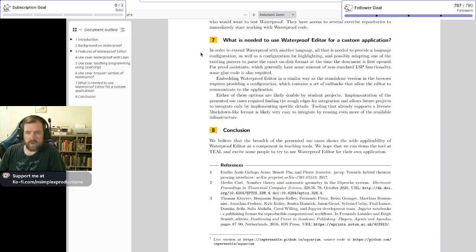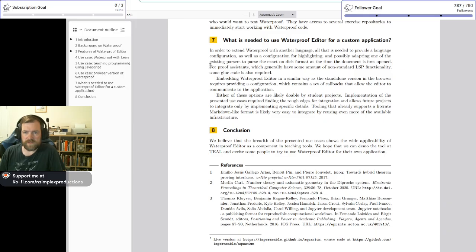In order to extend Waterproof with another language, all that's needed is to provide a language configuration, as well as a configuration for highlighting, possibly adapting one of the existing parsers to parse the exact on-disk format at the time the document is first opened.